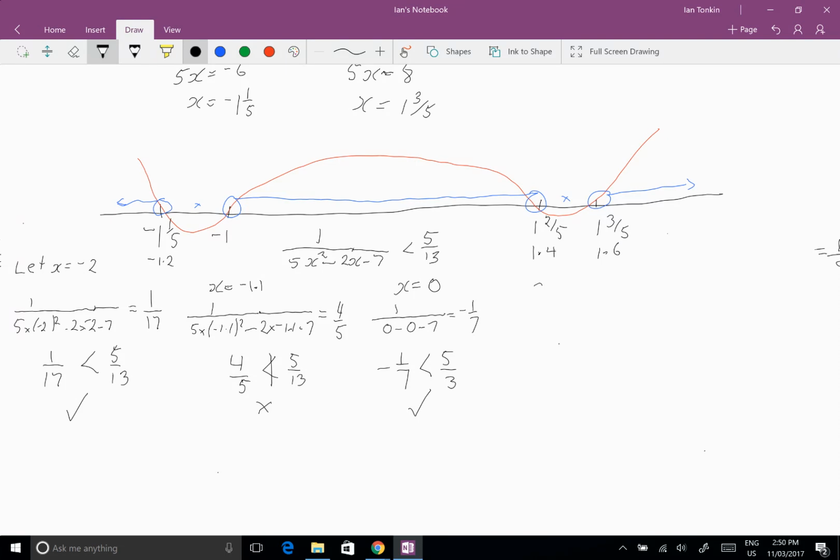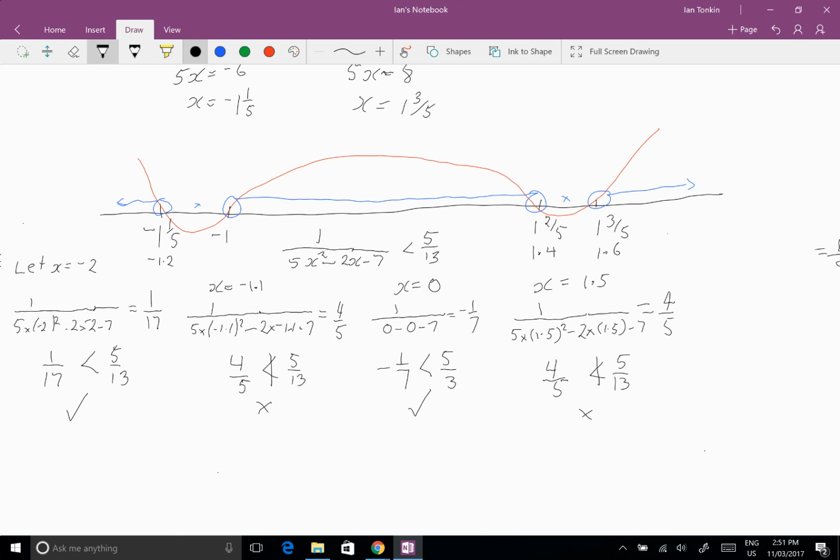So to test this area in here, I'm going to go, that's x is 1.5. So 1 on 5 times 1.5 squared minus 2 times 1.5 minus 7, and that equals 4 on 5. And 4 on 5 is not less than 5 on 13. So we don't want that area also.